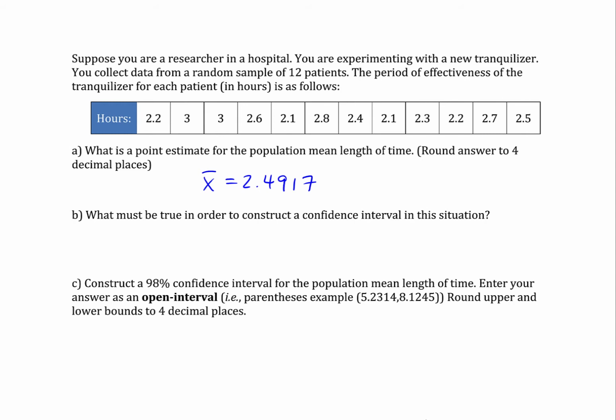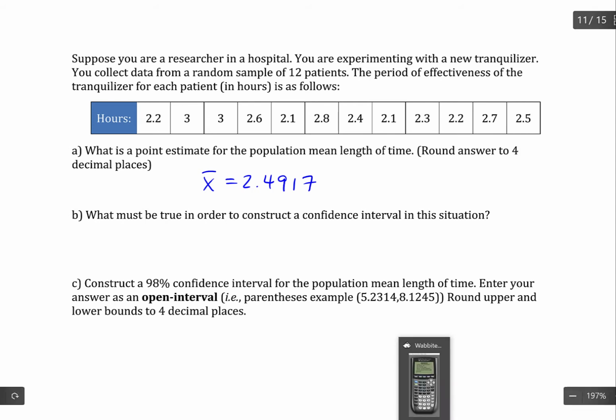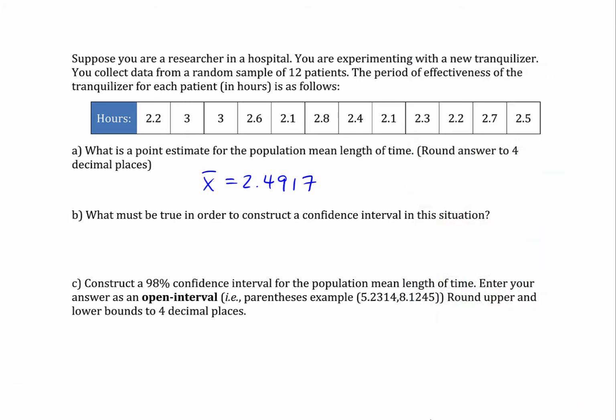We have 12 patients. We'd have to have 30 or more to have a large sample. So that's not happening for us. What we would need then is the central limit theorem is also satisfied if you have a distribution that's normally distributed or approximately normal from the start.